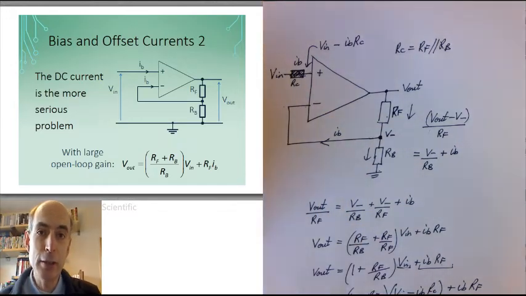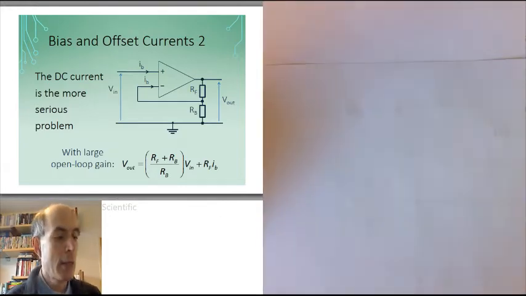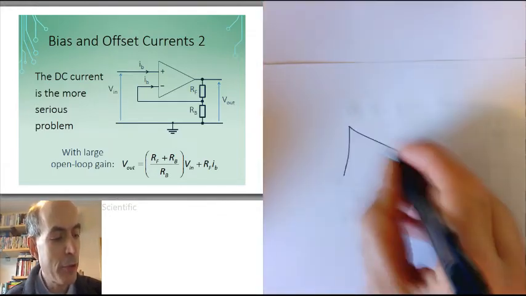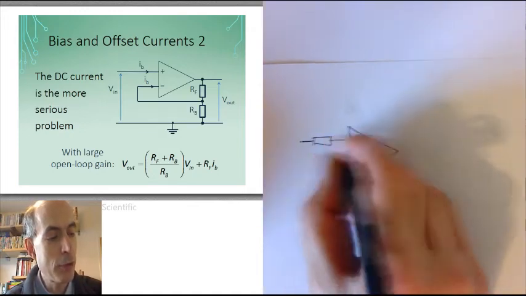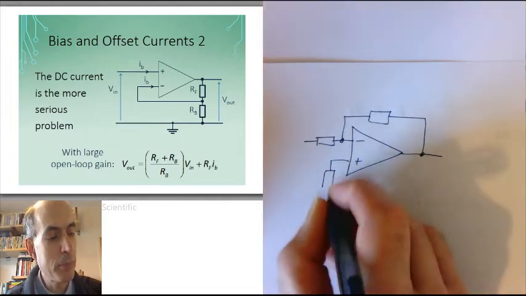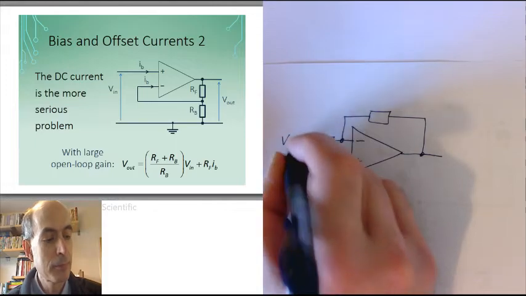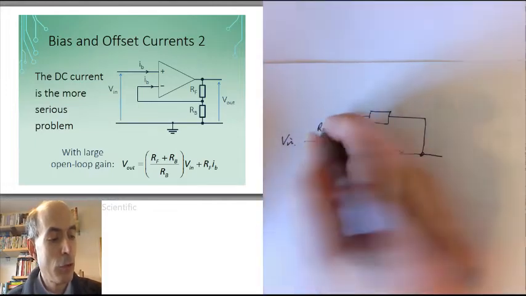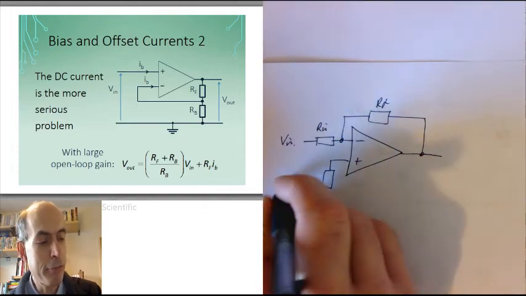You can do an exactly similar calculation for the case of an inverting op-amp. And if you do that, you'll find that you can eliminate the effect of the input bias currents by choosing a resistor between the non-inverting input and ground, which is equal to the parallel combination of Rin and RF.